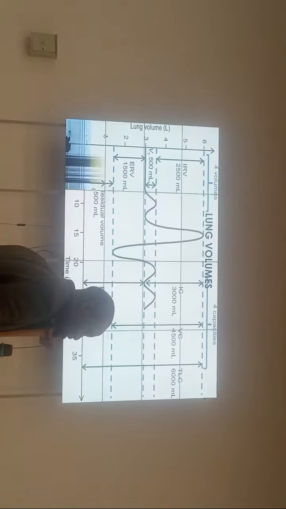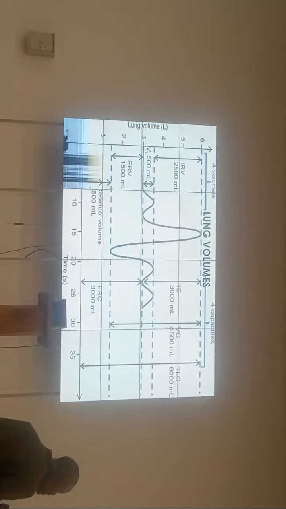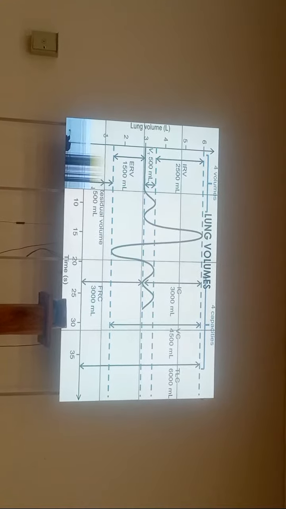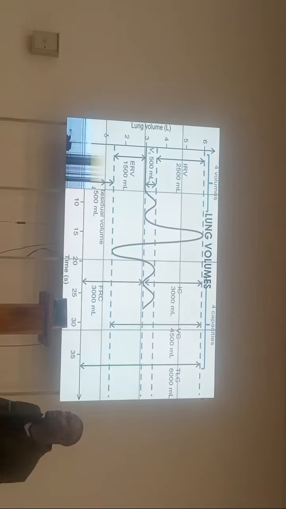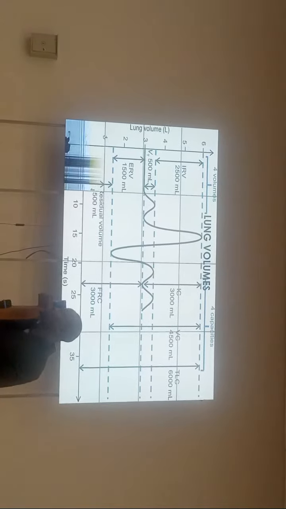So basically, I was trying to tell you that the speed of breathing out can tell us the severity of an obstructive airway disease. It will tell us whether this is a severe obstructive airway disease or a mild obstructive airway disease, simply by measuring the speed at which the air is being breathed out.